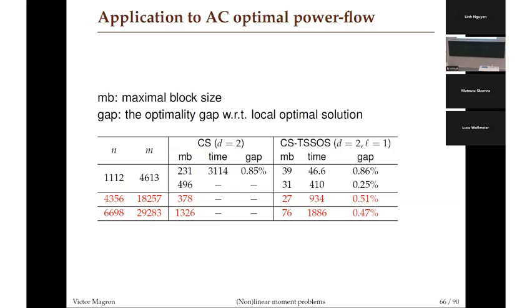But it only works when the size is not higher than 200. The interior point solver that you use doesn't want your blocks to be too large. And in this case, we can estimate the gap of the optimization problem to be less than 1%. I think in France, they are quite happy if you get a gap less than 1%. I think in the US, they are not happy; they want less than 0.1%.